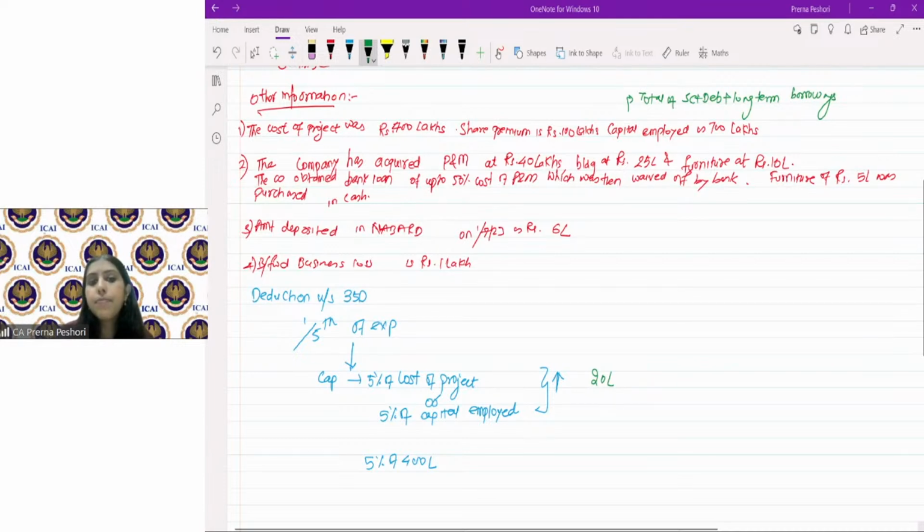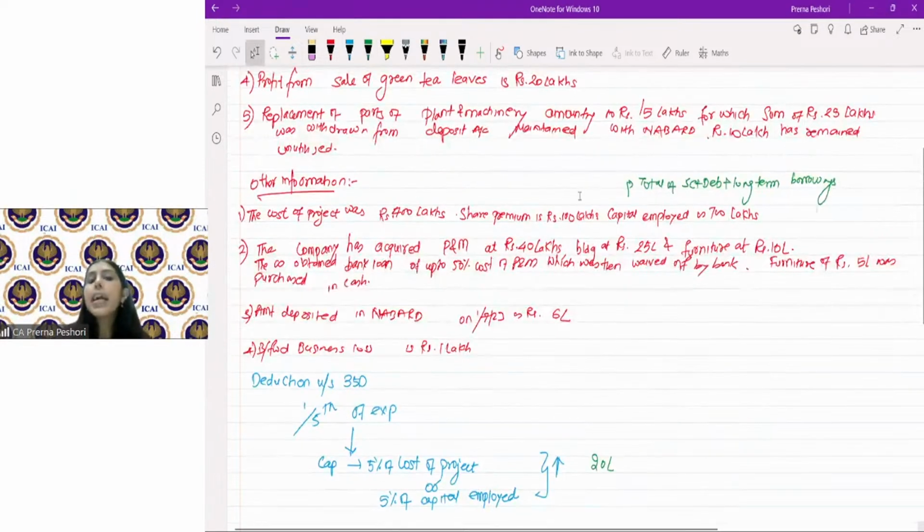Yes, tell me. Whether share premium will get added, fast. Whether will you add 800? No, Janvi, not added. Yes, correct, Kaushiki. Why? Because the capital employed means the share capital, debentures plus long-term borrowings.